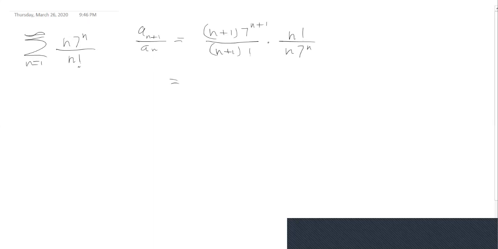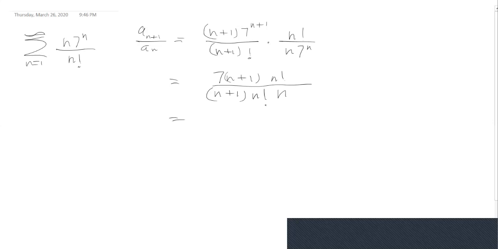Okay, a little bit of algebra here is going to leave us with a 7. This is factorial down here, so I'm going to write that as n plus 1, and I'll do a little expanding here, like that, and then we still have an n over here.